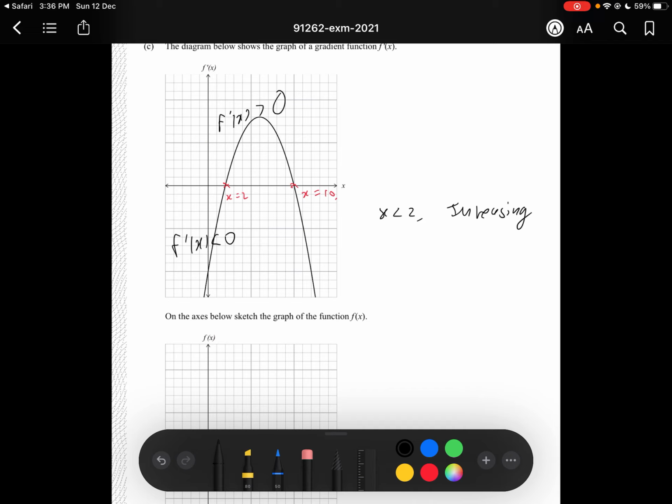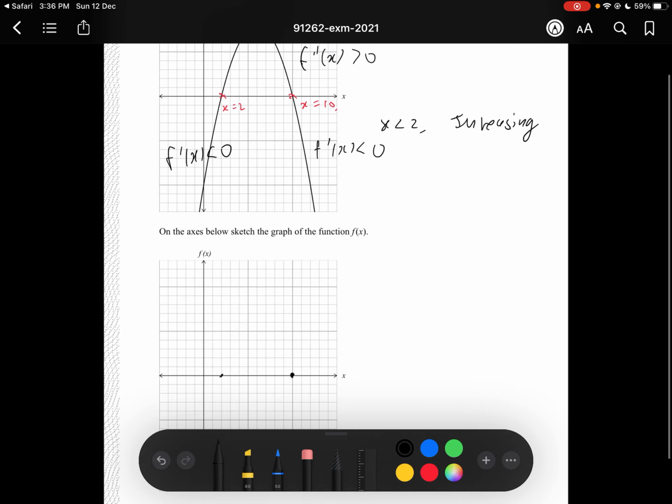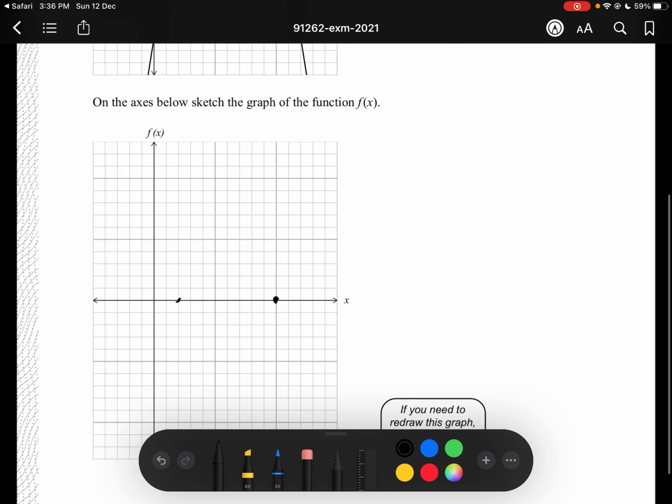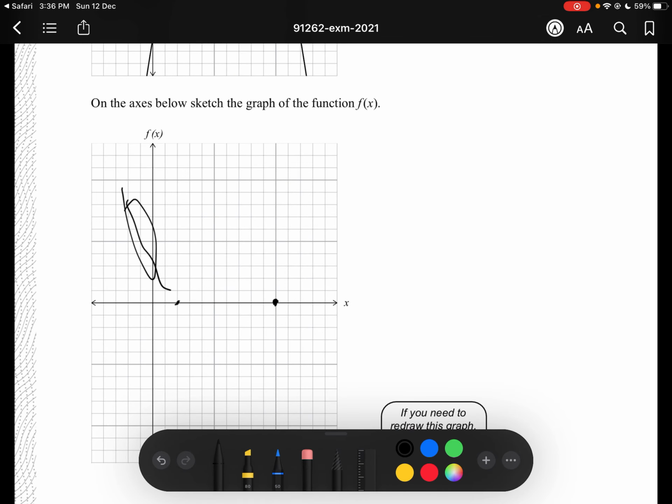So the graph goes f dash of x less than 0, f dash of x greater than 0, and f dash of x less than 0. So when x is less than 2, it's decreasing. That's what we know. So we're going to have our graph coming down in this portion.